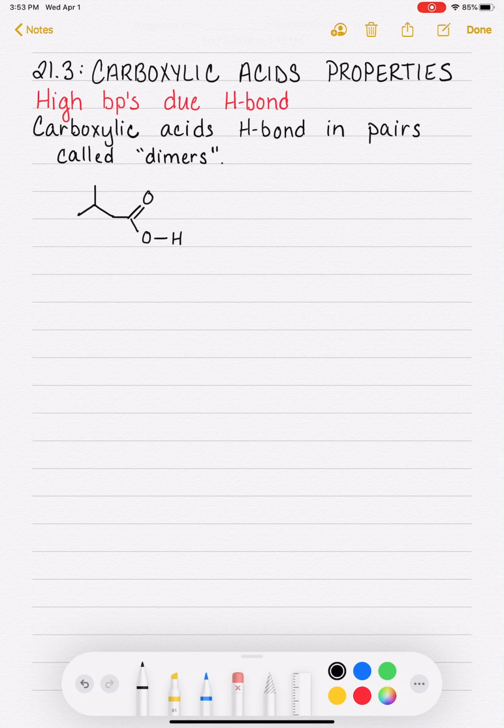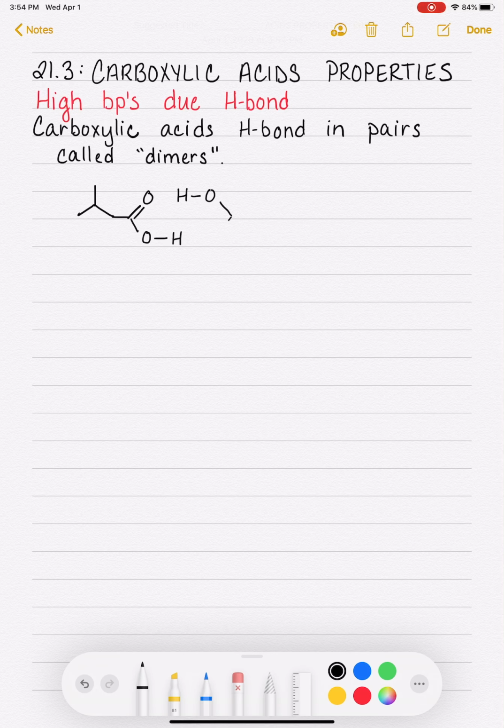It gives you this carboxylic acid and asks you to draw the dimeric association between two of these carboxylic acids. So what we're going to do is draw the other carboxylic acid that belongs to this dimer. When carboxylic acids hydrogen bond to each other, the carbonyl of one hydrogen bonds to the hydroxyl group of the other.